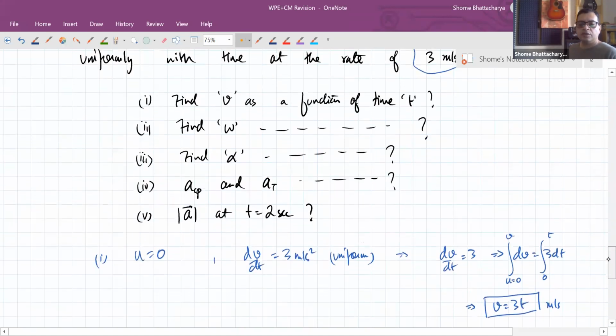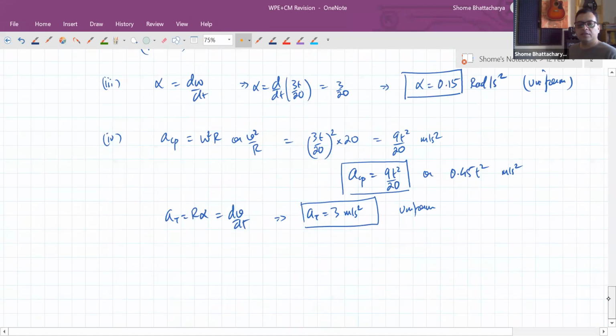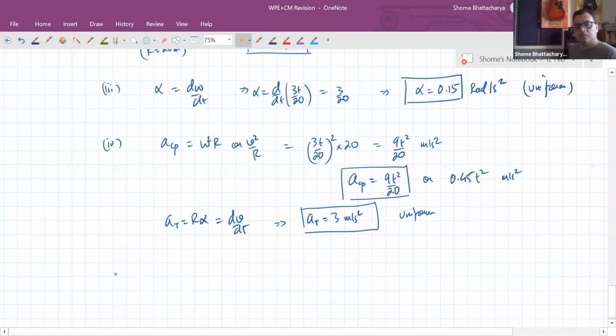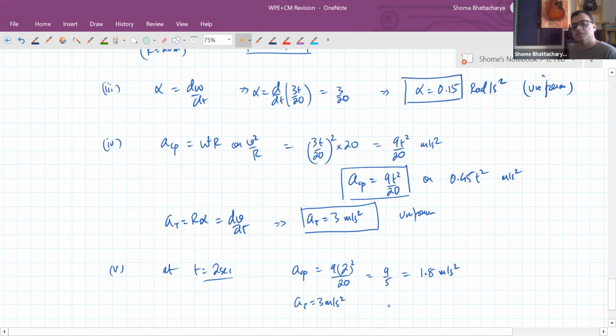So now we want to calculate the magnitude of acceleration at t equal to 2 seconds. So at t equal to 2 seconds, we can see that the centripetal acceleration will be 9 into 2 square divided by 20. So that's 9 by 5, or 1.8 meters per second square. Tangential acceleration is 3 meters per second square.